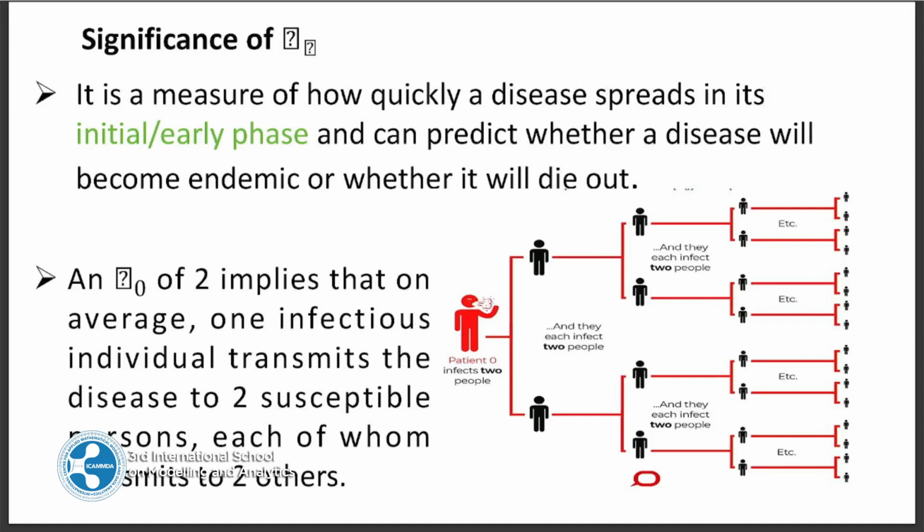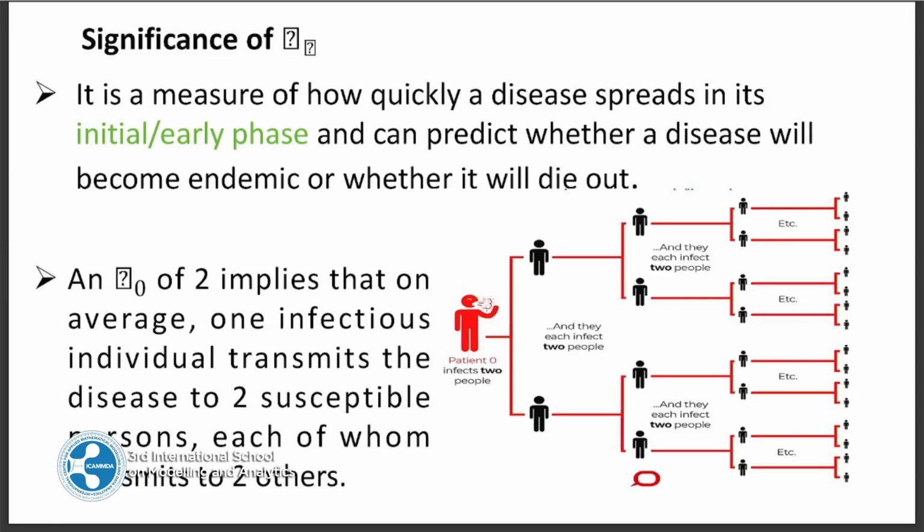We know that basic reproduction number is helpful to measure how fast the disease will spread. And this may also help us to determine whether the disease will eventually become endemic or epidemic. Sorry, that should be R naught.